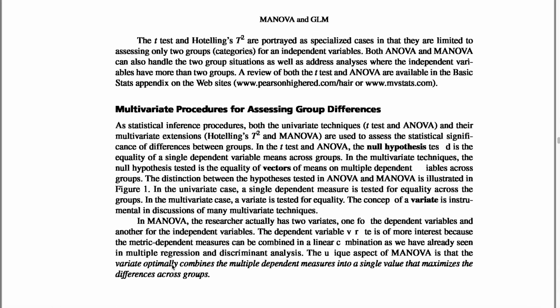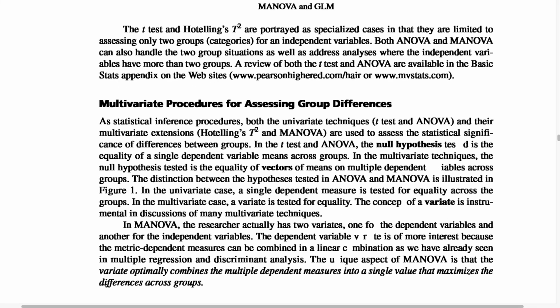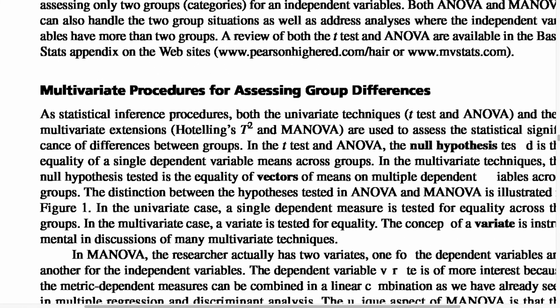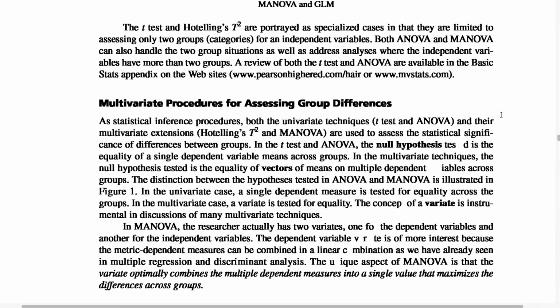We'll discuss multivariate procedures for assessing group differences. As statistical inference procedures, both the univariate techniques, t-test and ANOVA, and their multivariate extensions, Hotelling's T2 and MANOVA, are used to assess the statistical significance of differences between groups.